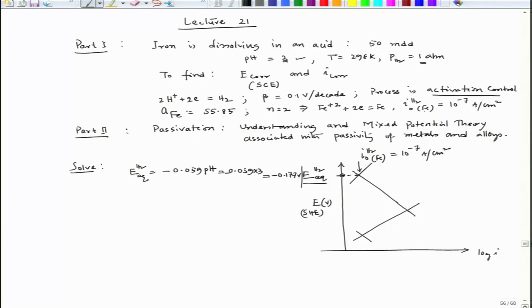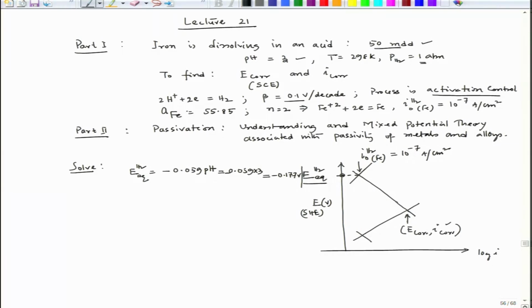Now, since beta is considered 0.1 volt, if I try to find out E core, I core can be found from this data, because we have already measured this.